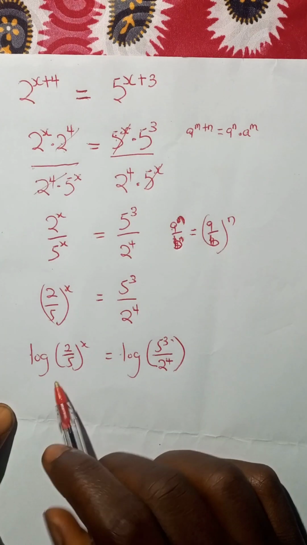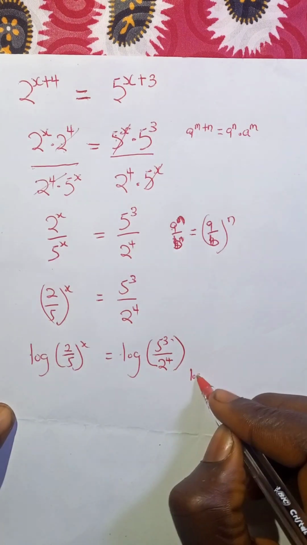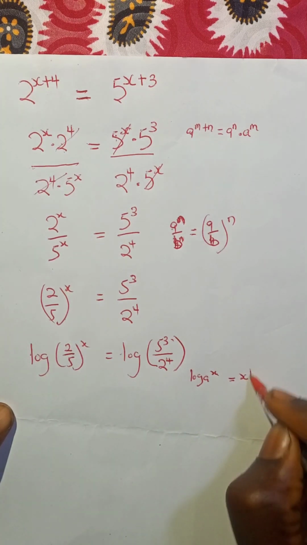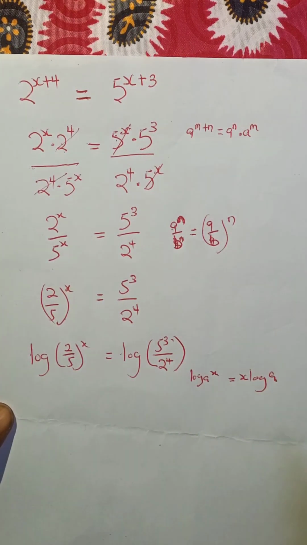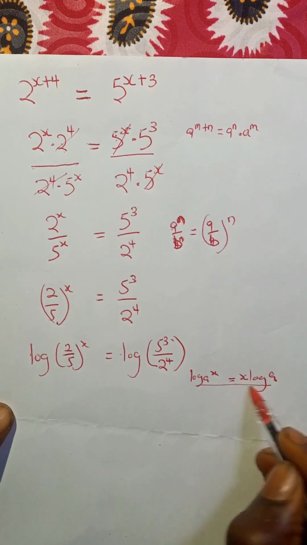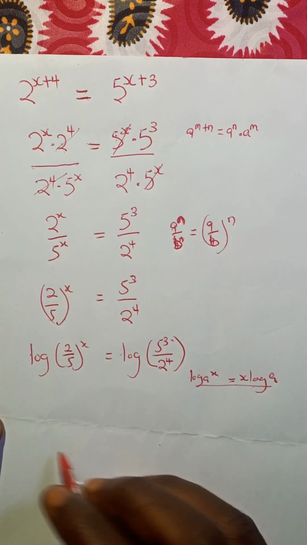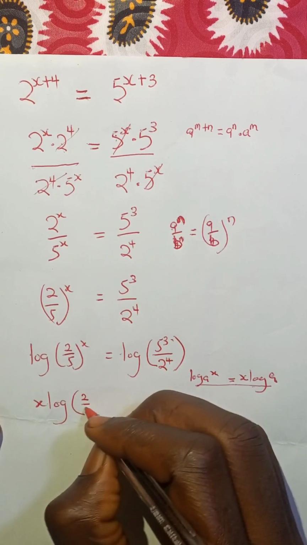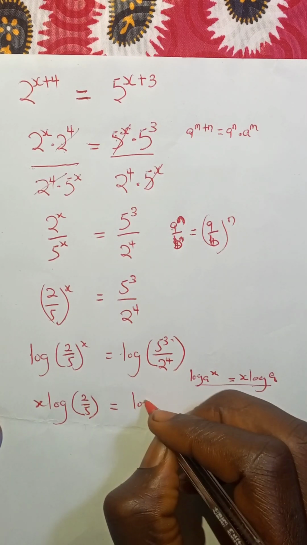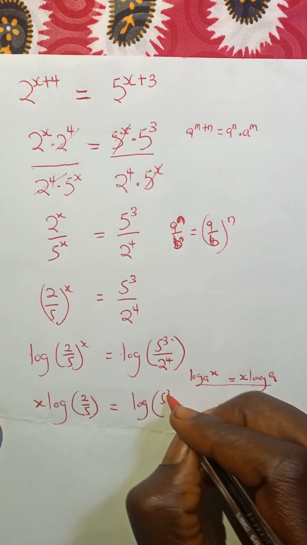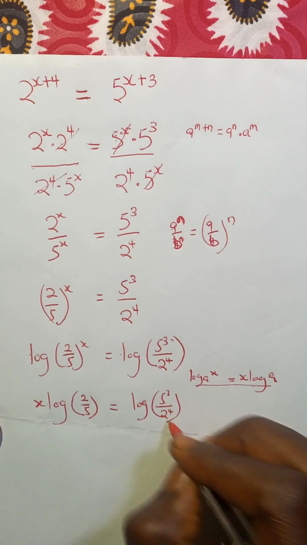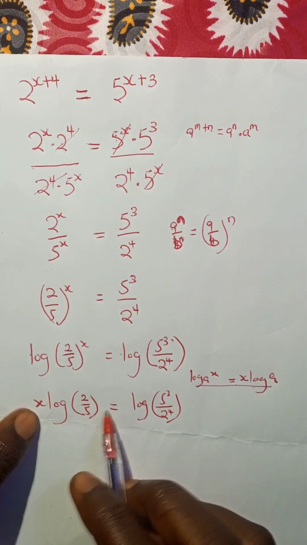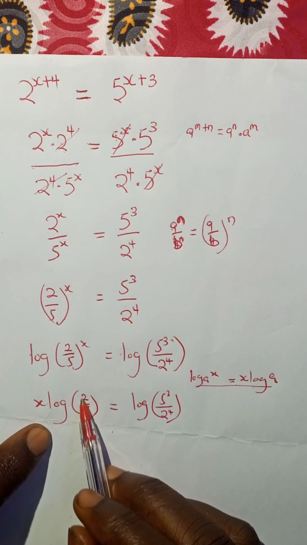Okay, so here we know that log a^x equals x log a. So we apply this here. So we are going to get x log of 2 over 5 equals log 5 cubed over 2 raised to the power 4. So we divide both sides by the coefficient of x, or divide both sides by log 2 over 5.